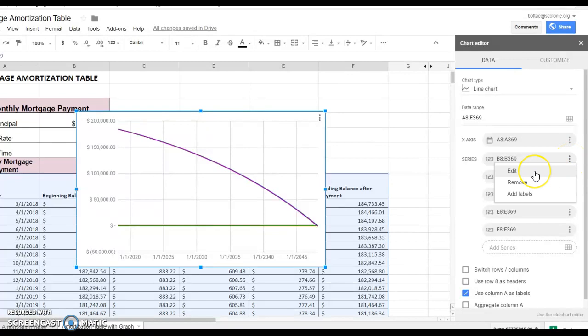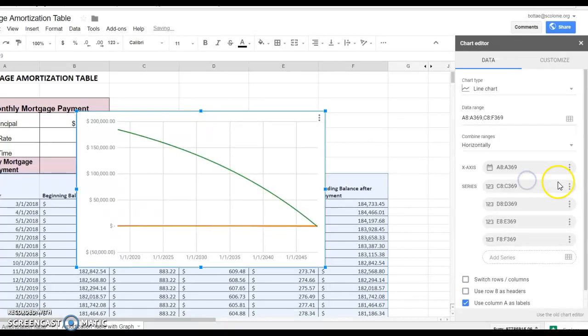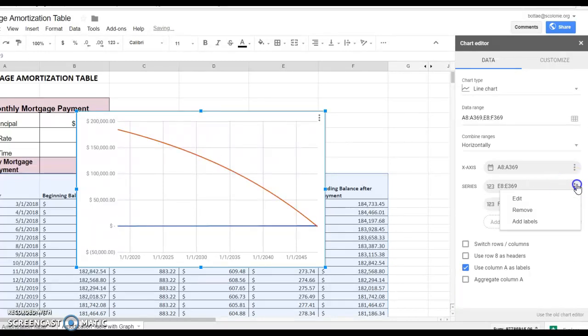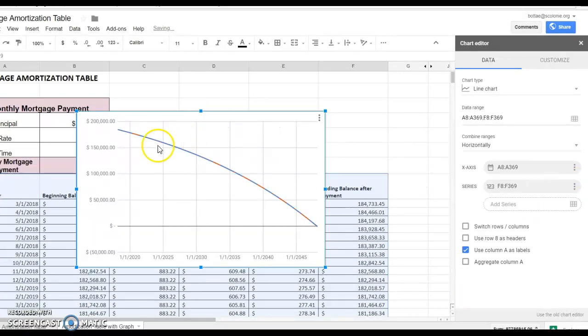So I'm going to delete these extra series over here. Remove. And I just want to concentrate on the F column because that's the balance.